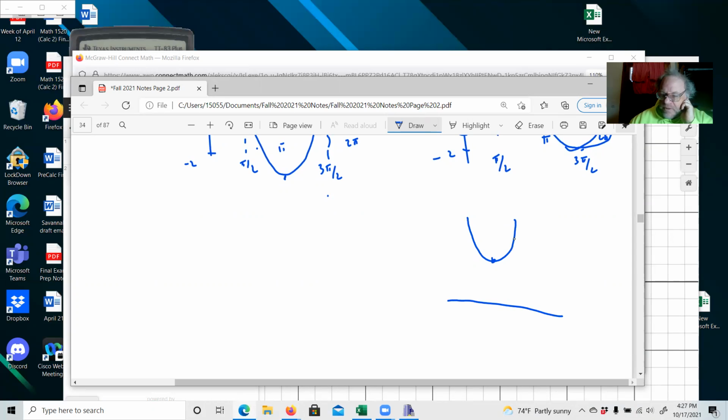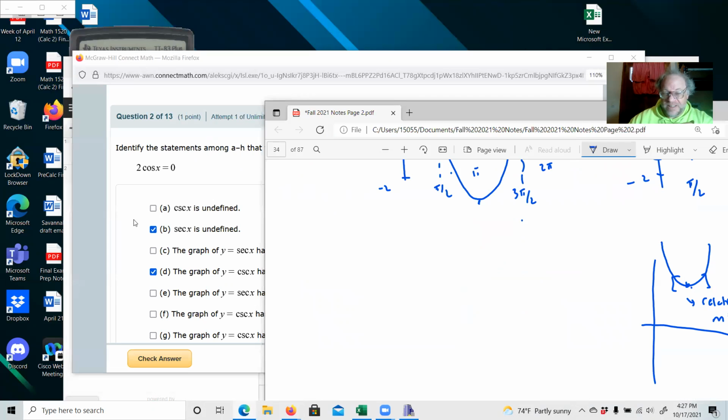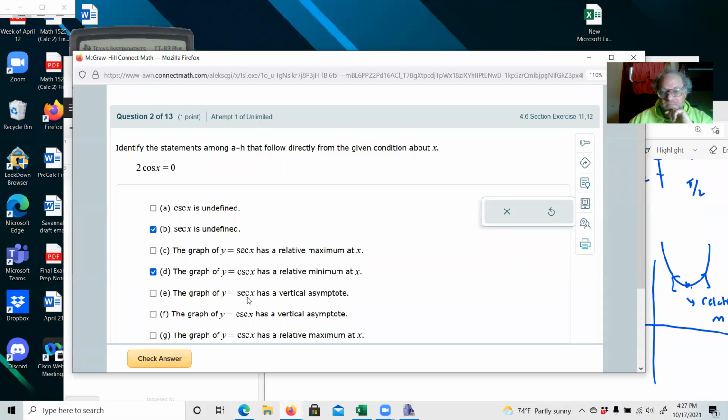This is pi over 2. All the values around it are bigger. That's why we call this a relative minimum. We take a neighborhood, a region around this point, and all the other values are higher. That's what we mean by relative minimum. Although I really don't like the fact that they introduced this to you right now.